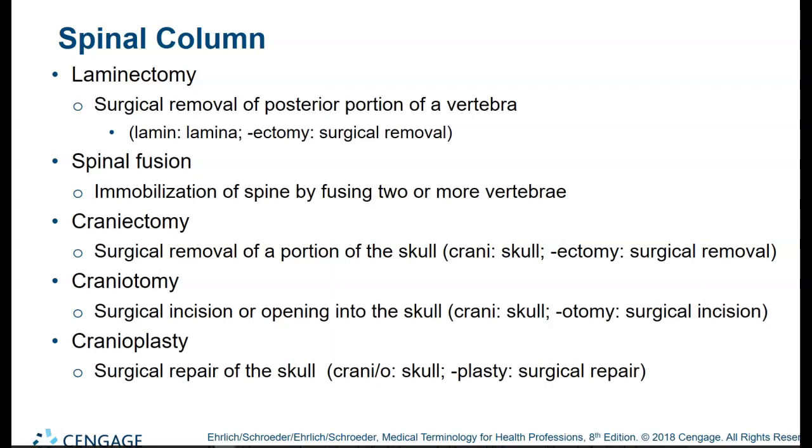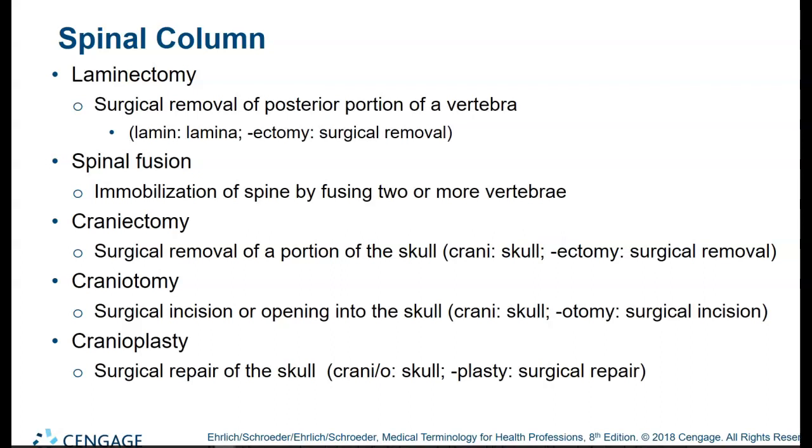Different terminology for the spinal column: laminectomy, again, surgical removal of the lamina. Craniectomy, surgical removal of the skull. Craniotomy is a surgical incision into the skull. And a cranioplasty is a surgical repair of the skull.